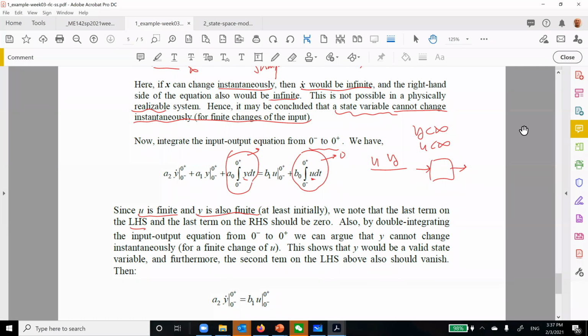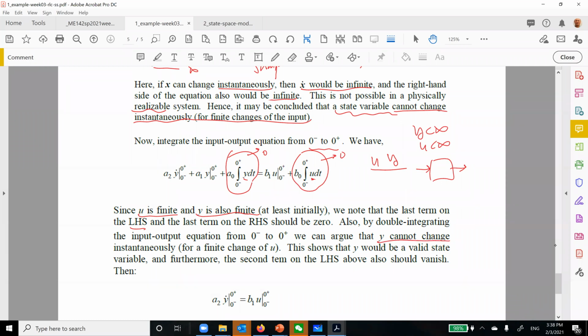So by double integrating the input-output relation, you integrate multiple times, we can argue that y cannot change instantaneously.